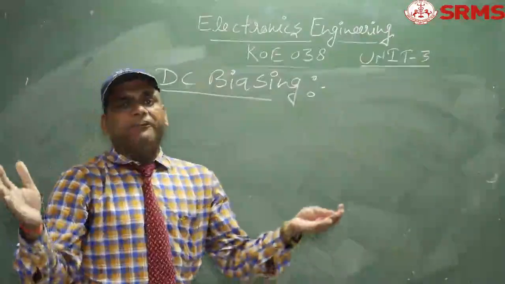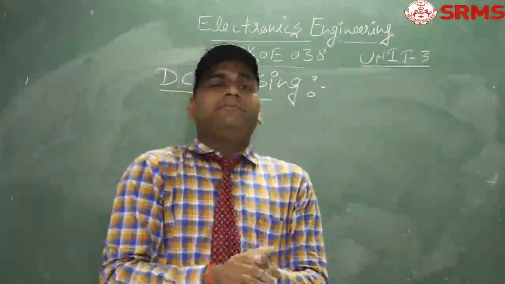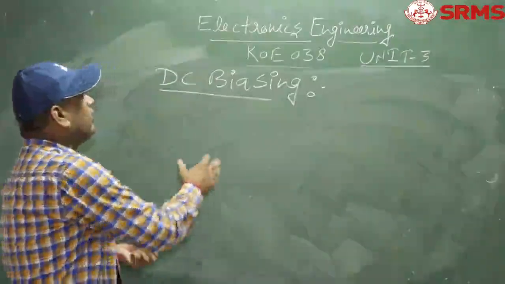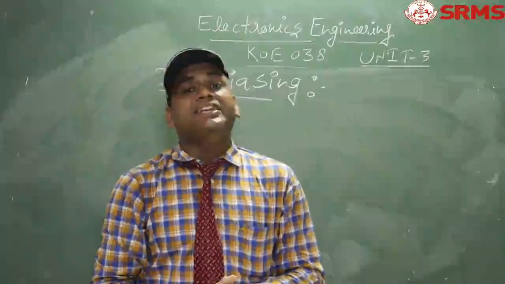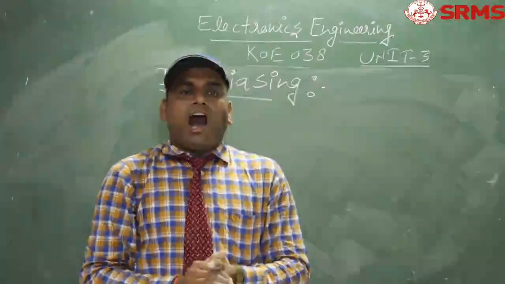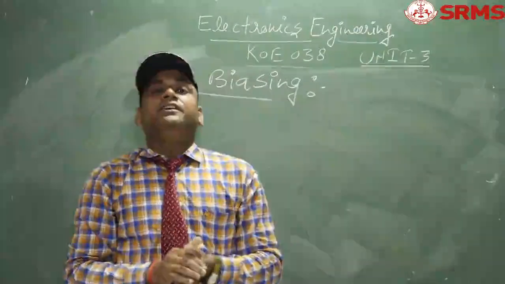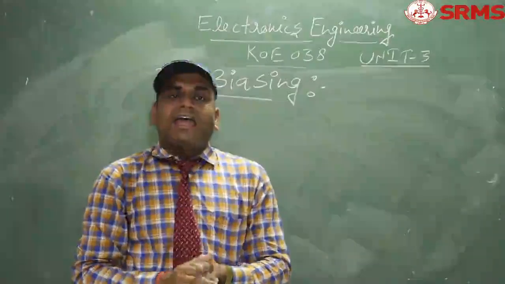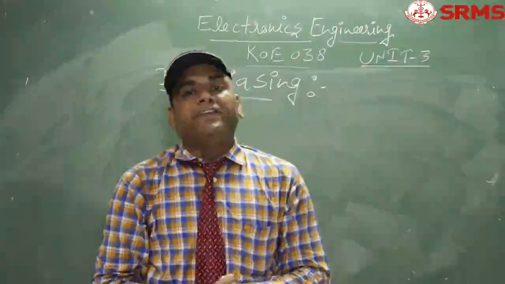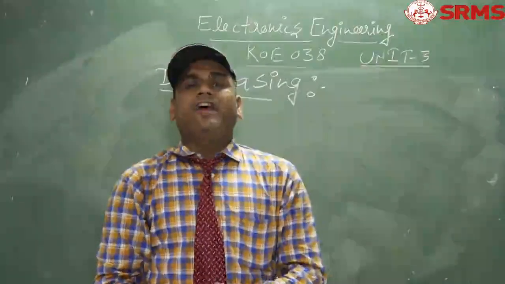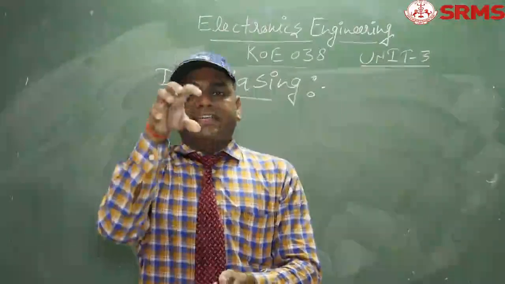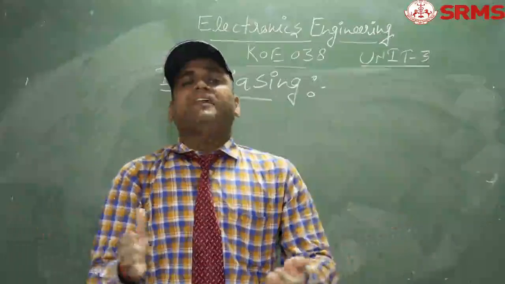Is that clear? But before started discussion on the DC biasing, we will focus on the DC load line concept. How we can draw the DC load line on the region of the characteristic, and how we can determine the location of operating point. Because for any given characteristic, as far as region of characteristic is concerned, there are so many operating points.